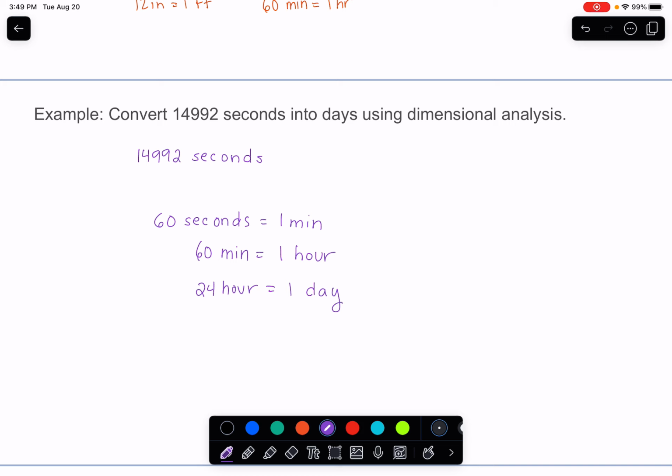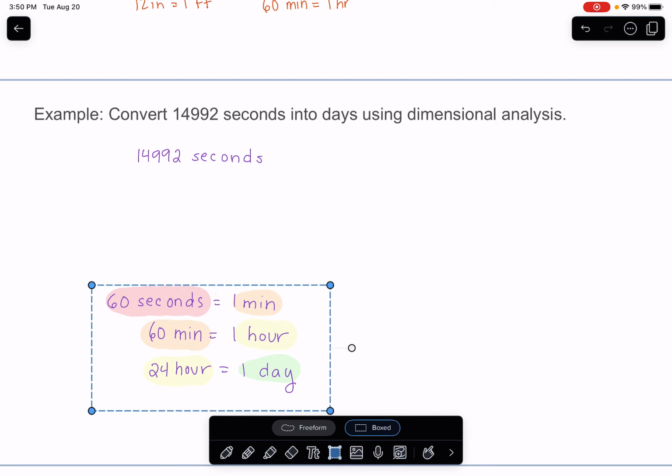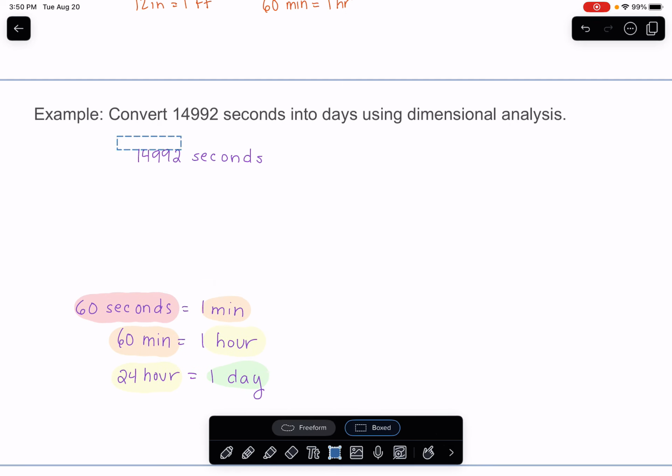So by writing these three conversion factors, you can see I have a path to go from seconds to days. I can change my starting unit, seconds, into minutes, then minutes into hours, and then hours into days. So let me move this down so I have more room for my actual problem.